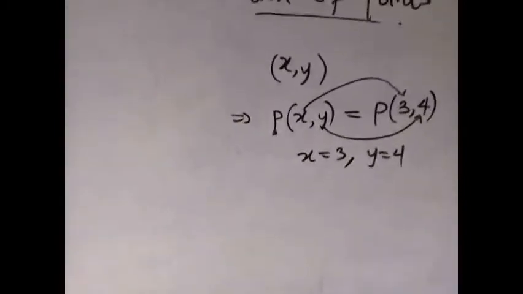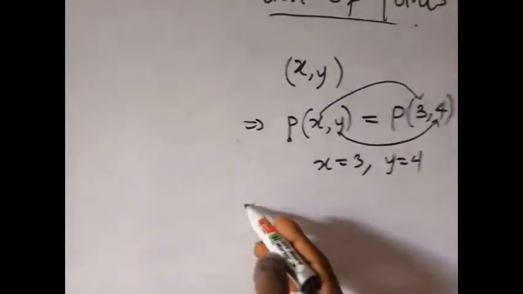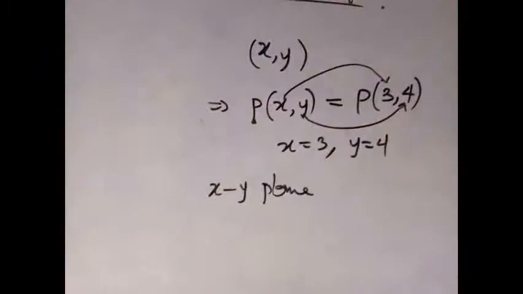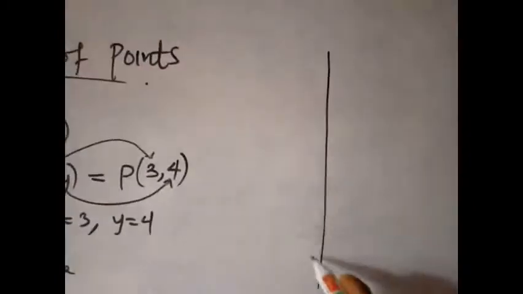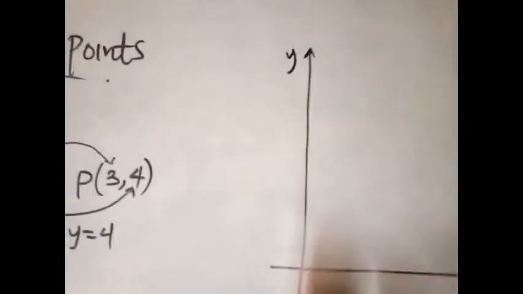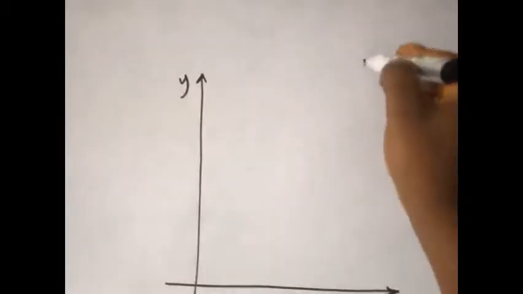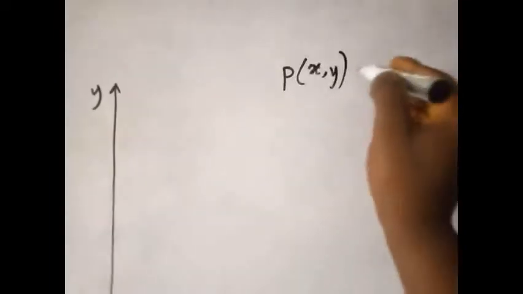In locating a point, every point can be located in the xy plane. That's what we have in geometry. Take for example, if you have a line represented in the figure, this is the x-axis, this is the y-axis, and we want to locate point x, y, which is point 3 and 4.